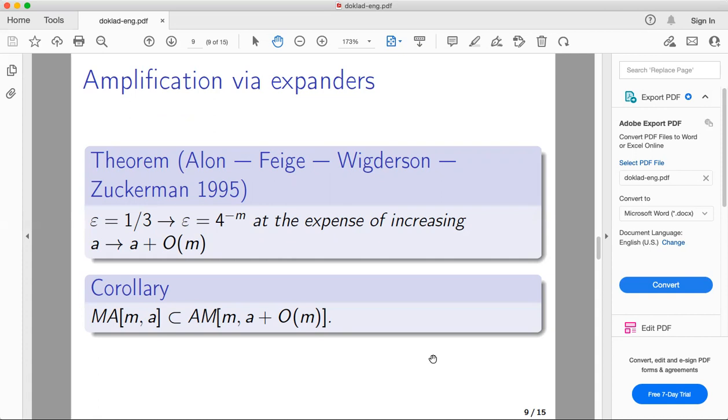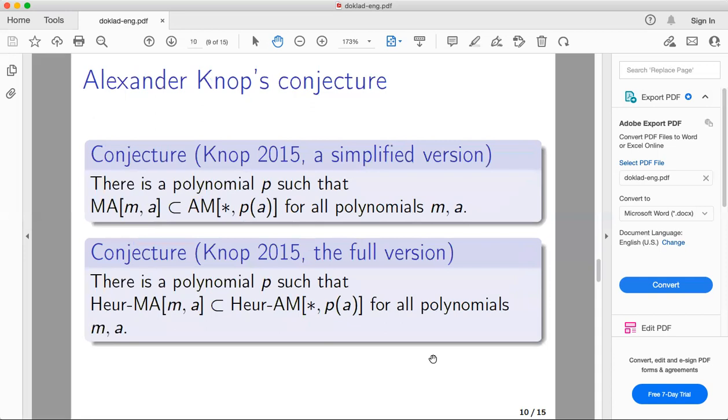So Alexander Knop asked whether we can improve this inclusion even further. More precisely, he conjectured that there is some polynomial P such that in the transformation of MA protocols to AM protocols, the amount of randomness is bounded by a polynomial which depends only on A, on the initial amount of randomness, so that we can get rid of m at all.